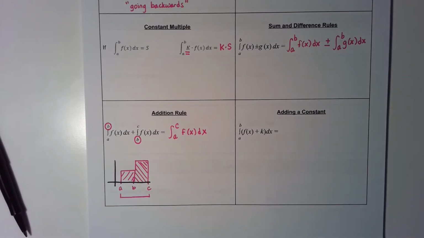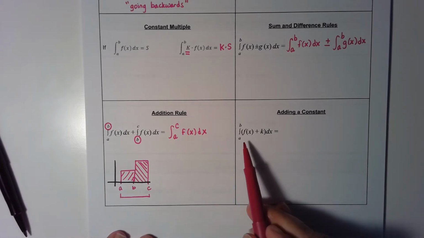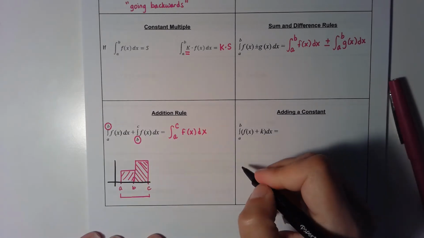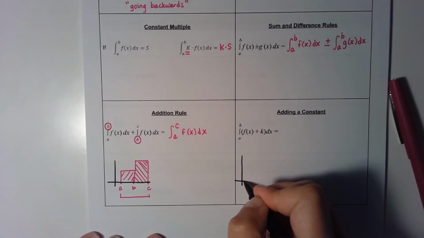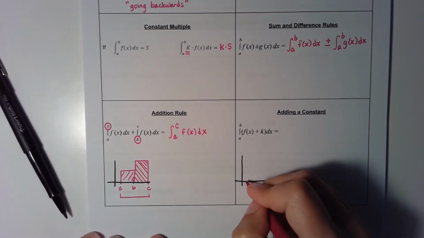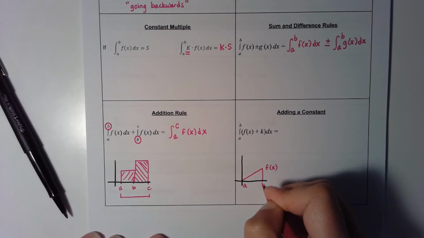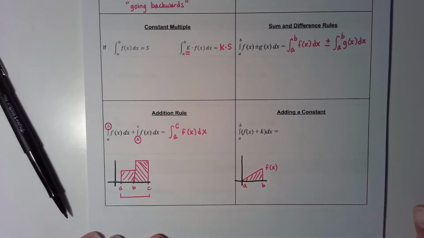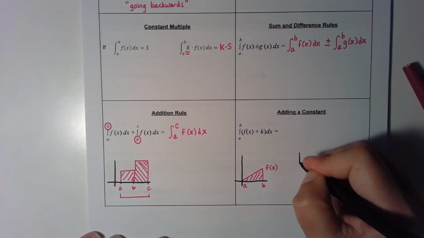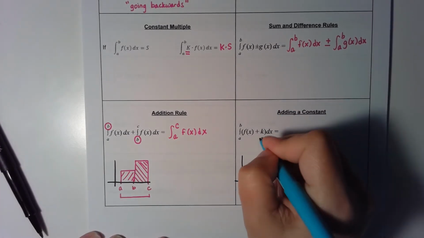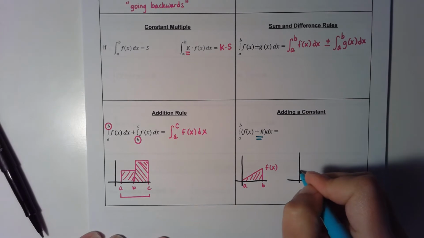Last but not least, when you're adding a constant. Let's talk about what adding a constant does to a graph. Let's say your original function, f of x, looked like this, from A to B. When you add a constant k, what you're doing is taking that original function and shifting it up that many spaces.